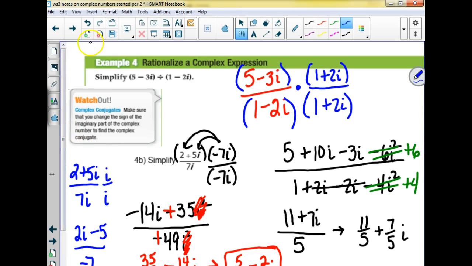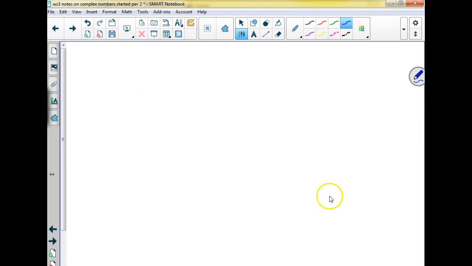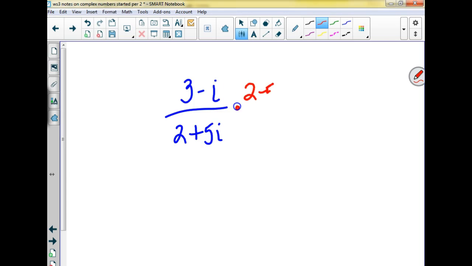You want to do another example of that, or are you okay? Okay. Like one more with just an i in the denominator, or with a, okay, like 3 minus i over 2 plus 5i. Okay, what's the conjugate going to be? Who's good?